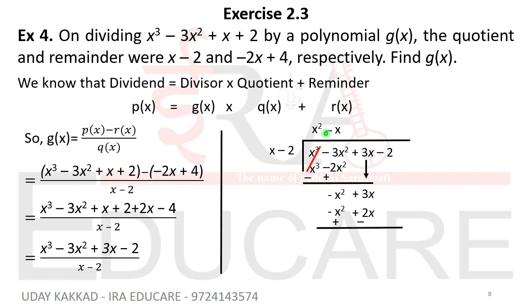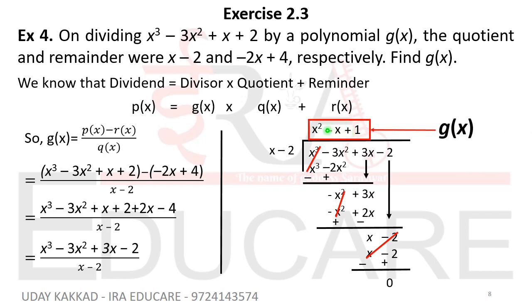Change the sign, x square gets cancelled, here you get minus x and minus 2 comes down, multiply with 1, so you get x minus 2, so the remainder is 0, right? So this is your g of x.